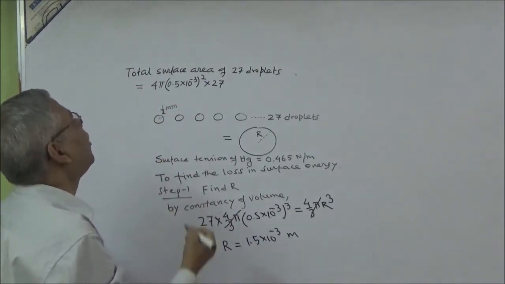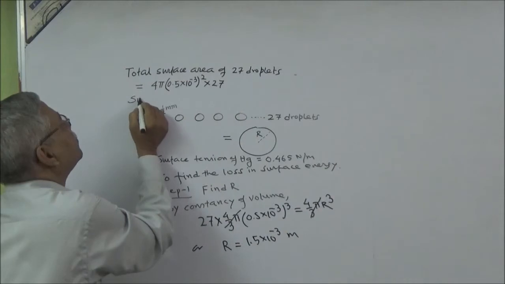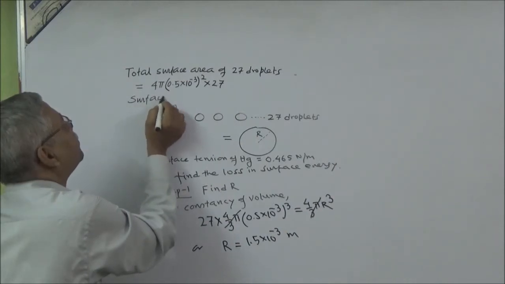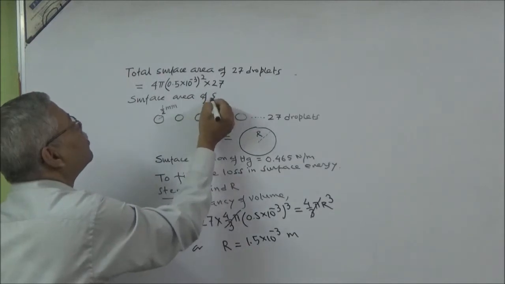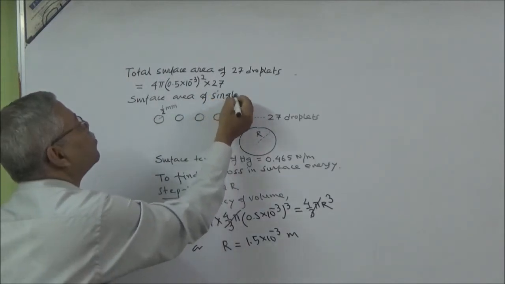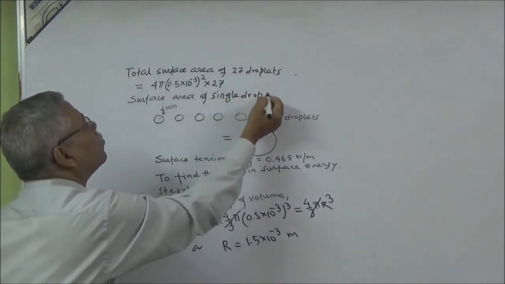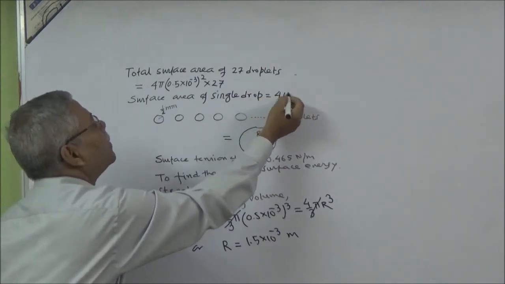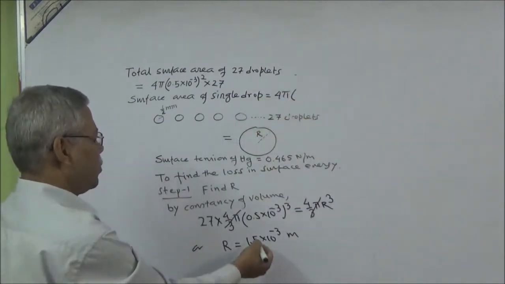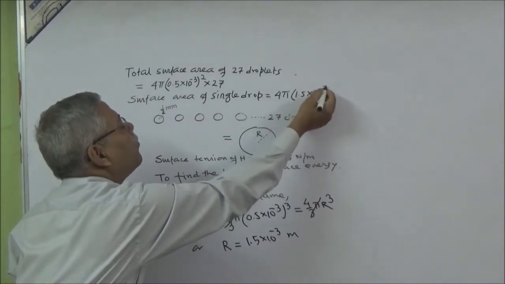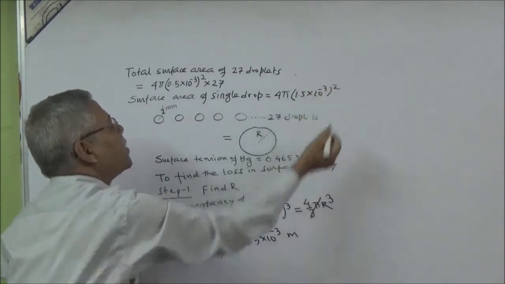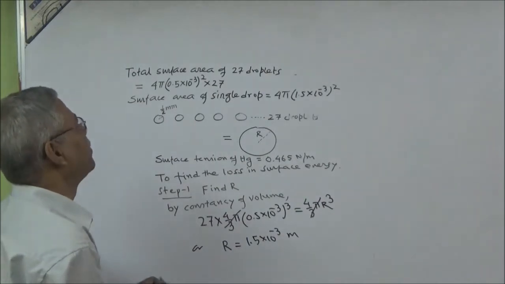And surface area of the single drop is 4 pi into 1.5 into 10 to the power minus 3 whole square.